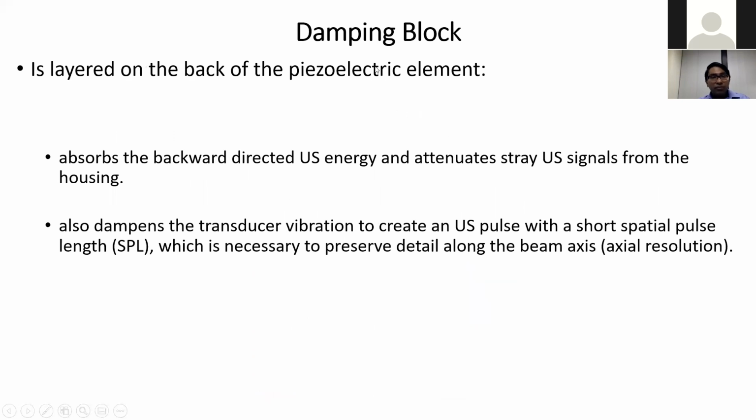The other important part is the damping block. It's the layer on the back of the piezoelectric element. It absorbs the backward directed ultrasound energy, and it attenuates any stray ultrasound signals from the housing. When the piezoelectric element vibrates, it vibrates in all directions. There's no particular direction in which it vibrates.